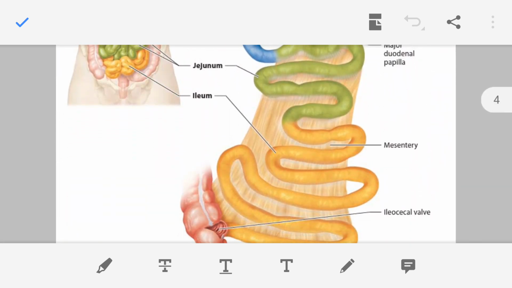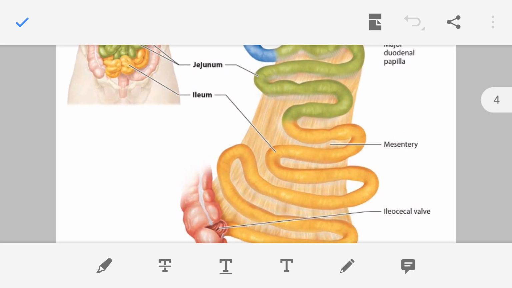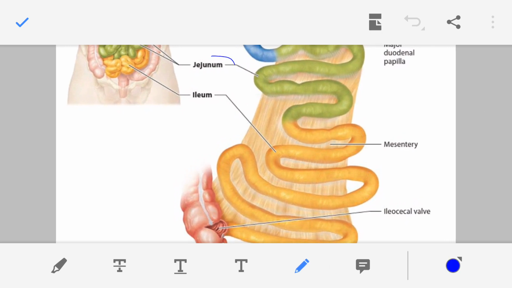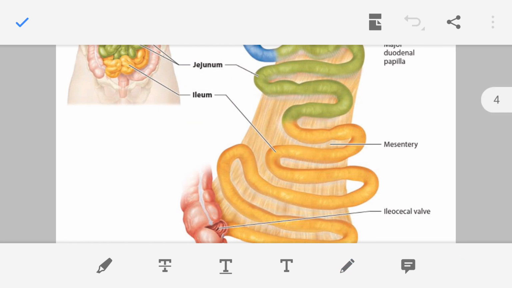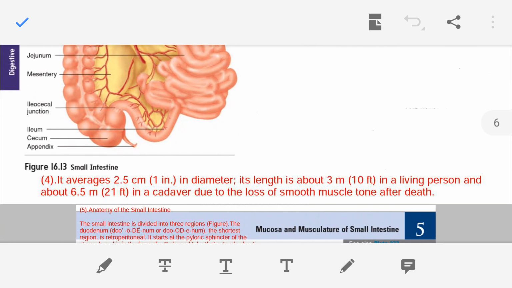For example, here in this figure, the green color shows the jejunum, and the yellow color shows the ileum. So here you can see the jejunum merges with the ileum.